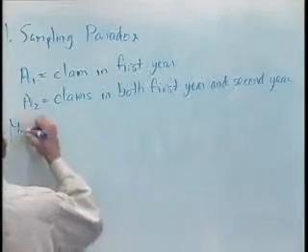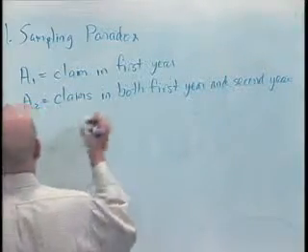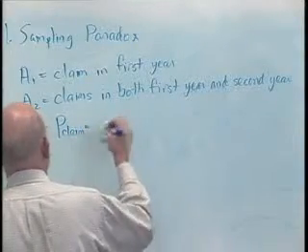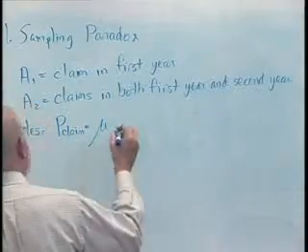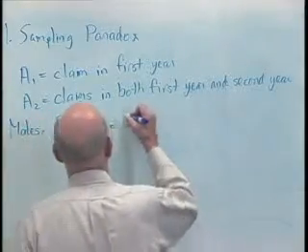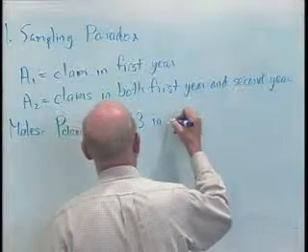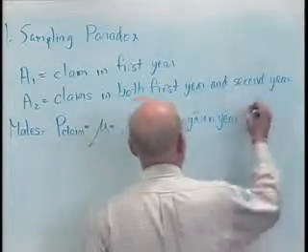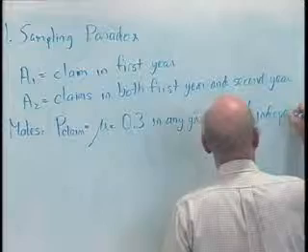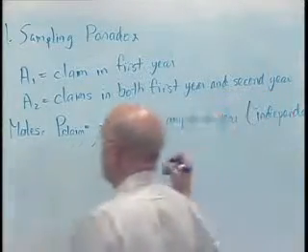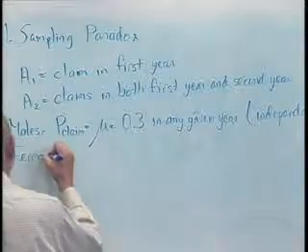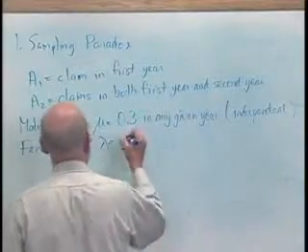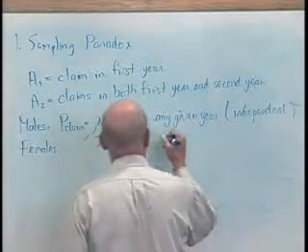So I'm going to assume for males, the probability of a claim, which I believe Sturzacher calls mu, equals 0.3 in any given year, and making a claim is independent from one year to the next. While for females, the corresponding number, which I think Sturzacher calls lambda, is only 0.1.